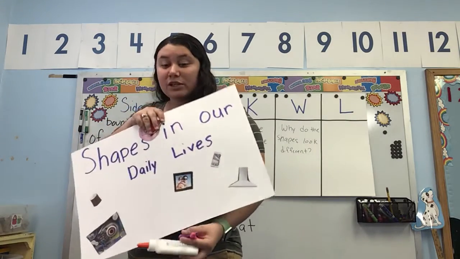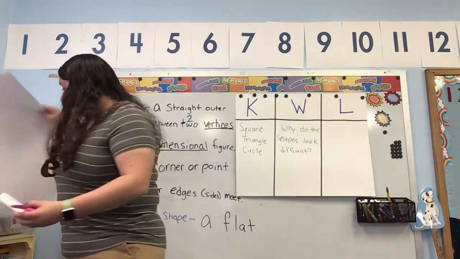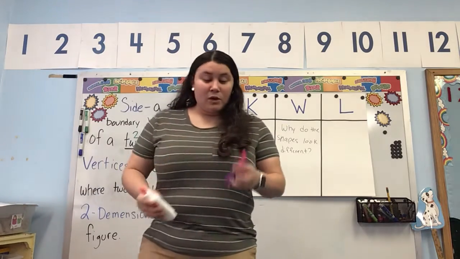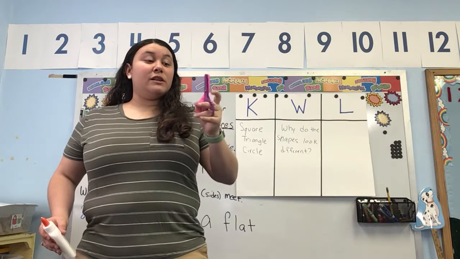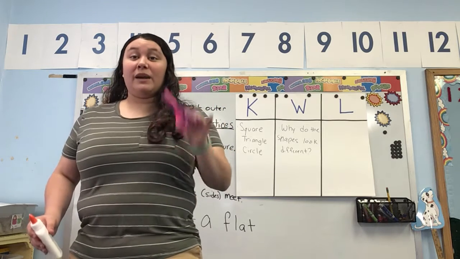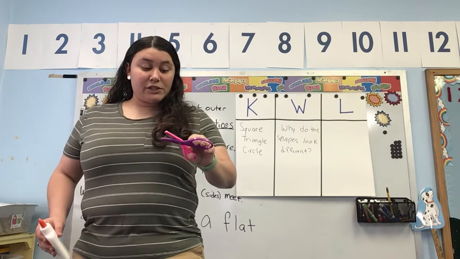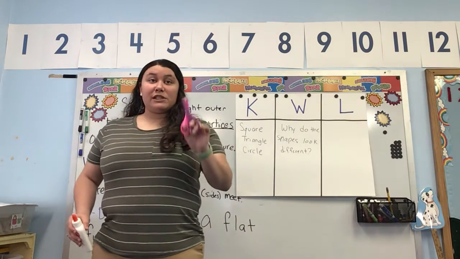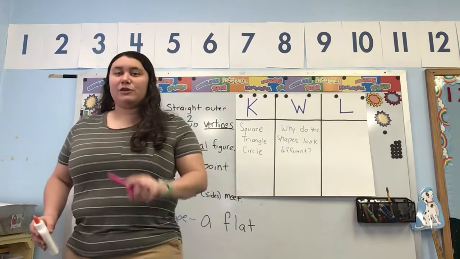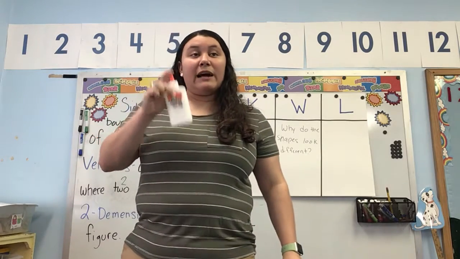So what you're going to do is you're going to cut your shapes out with your scissors. Now remember, using your scissors, they are not a toy. We do not play with our scissors. We need to make sure that the only things that we cut with our scissors is what? The magazines, correct. Now with our glue, how do we use our glue?